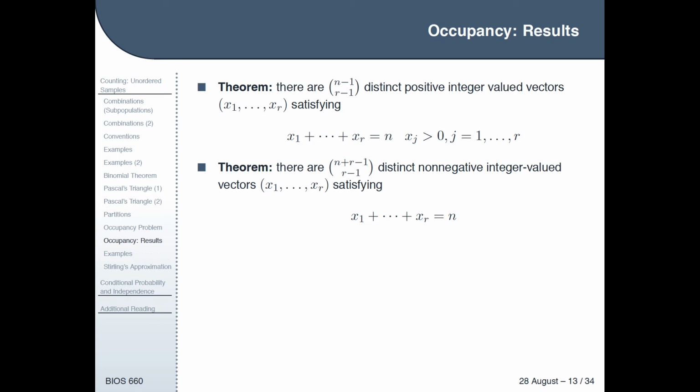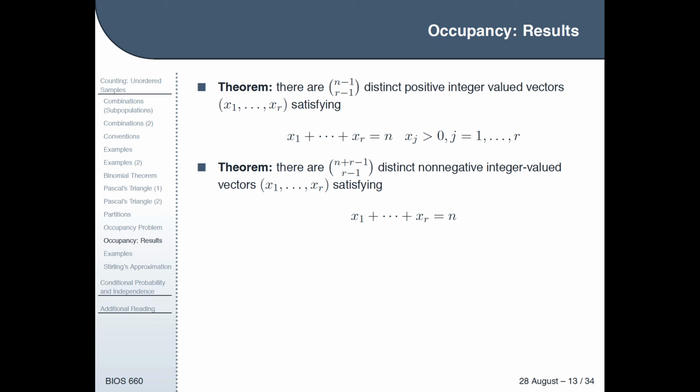So again, you can show mathematically, using essentially the logic that I outlined here, that if you want to find the number of positive integers x1 to xr such that the sum of x1 to xr equals some positive integer n, where all the xj's are greater than 0, then there's n minus 1 choose r minus 1 distinct ways that you can do that.